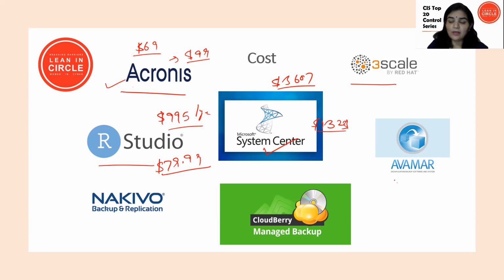If you talk about FMR and Cloudberry, the pricing for these two services is available when you contact them and talk about your requirement. Cloudberry is basically an online backup solution.